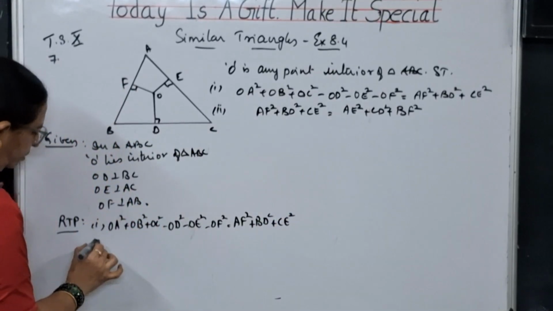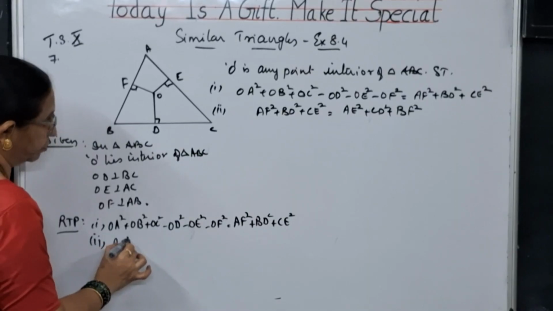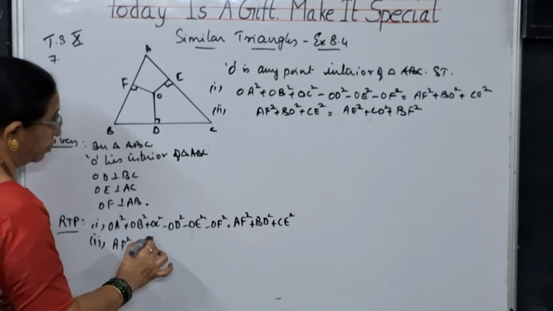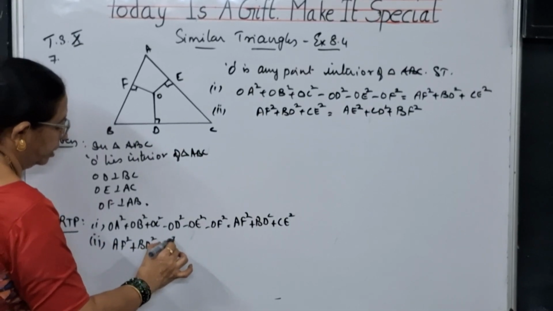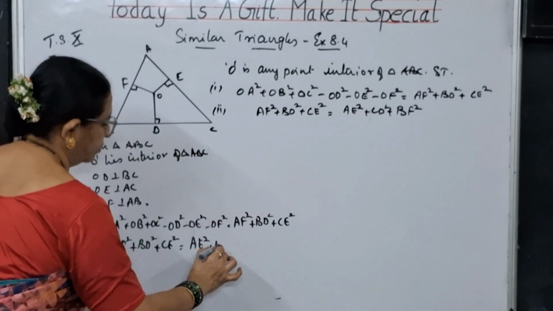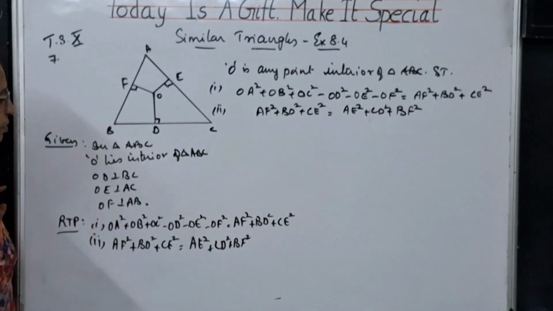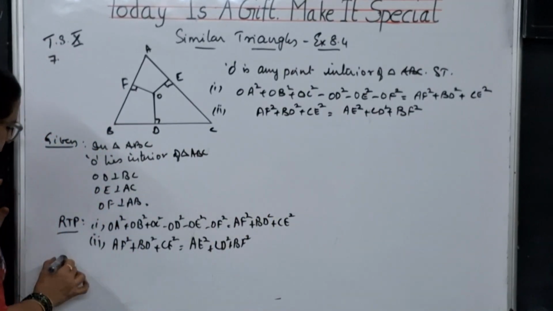This is first bit. And second bit, AF square plus BD square plus CE square is equal to AE square plus CD square plus BF square. This you have to prove.